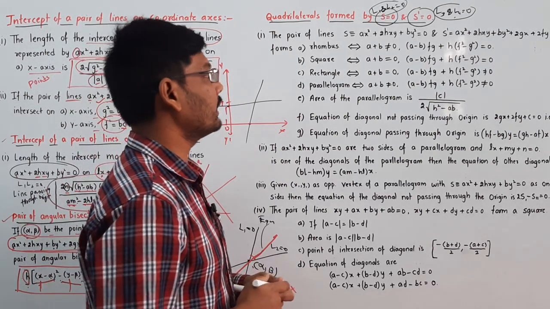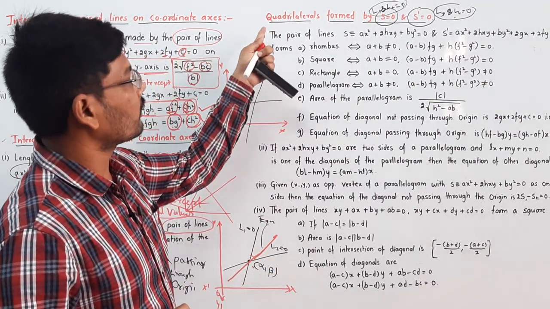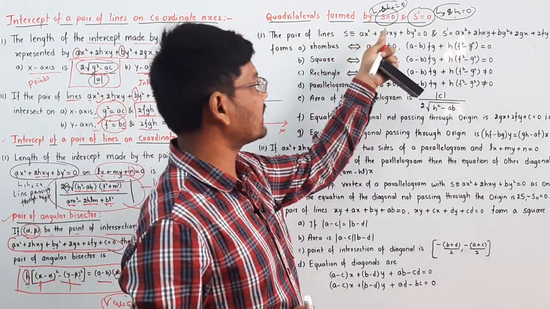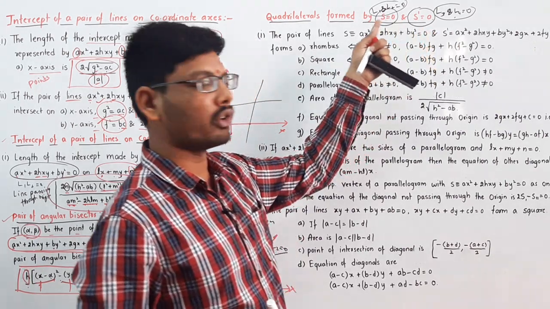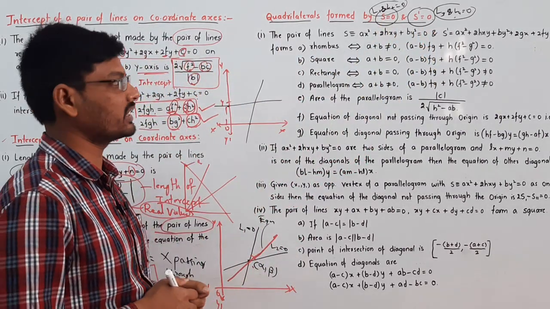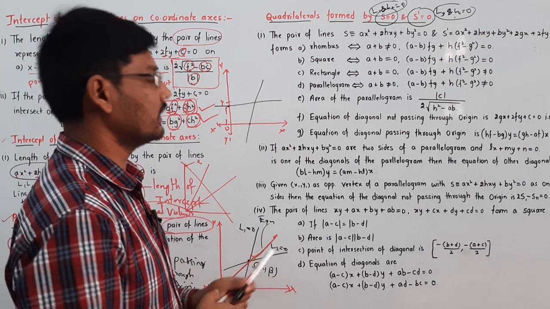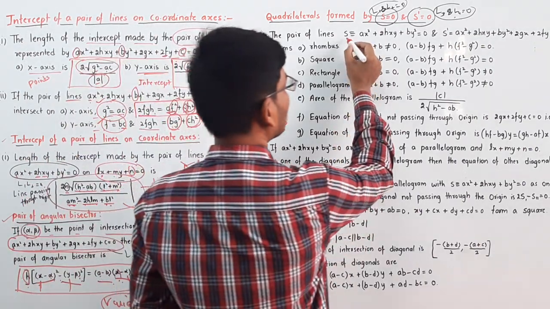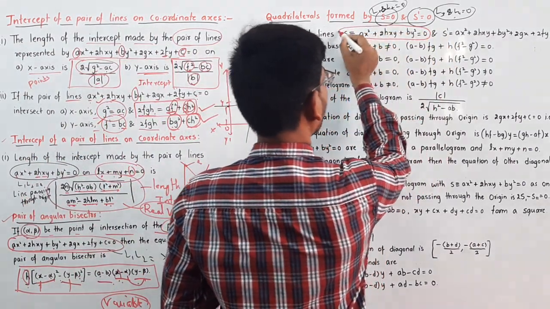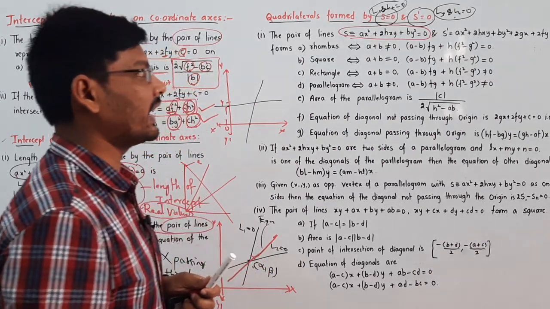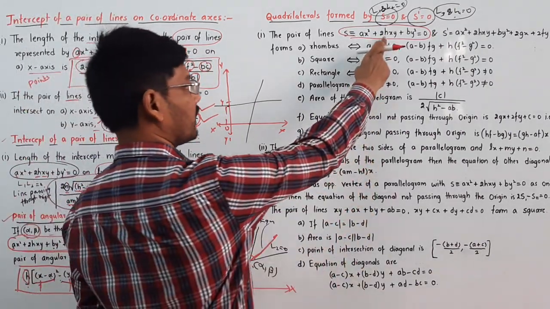So among the quadrilaterals formed by S is equal to 0 and S dash is equal to 0, four lines, we have several cases here. The pair of lines S is equal to 0, that is ax square plus 2hxy plus by square is equal to 0.